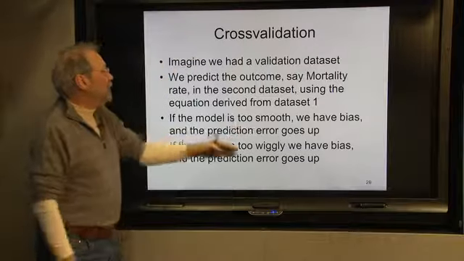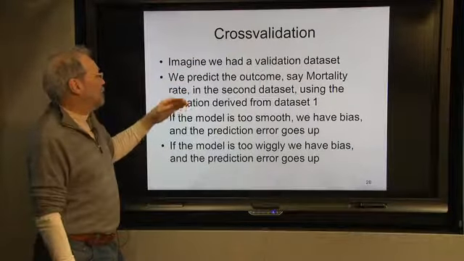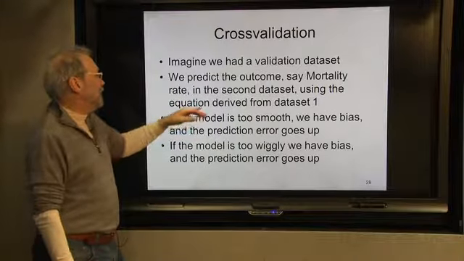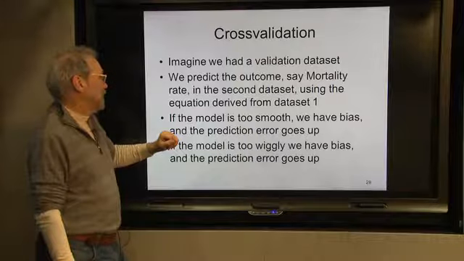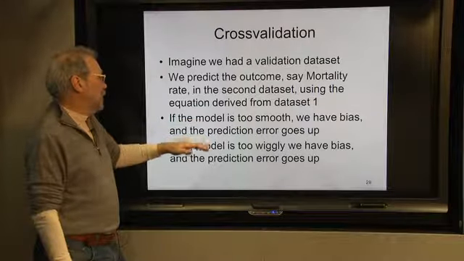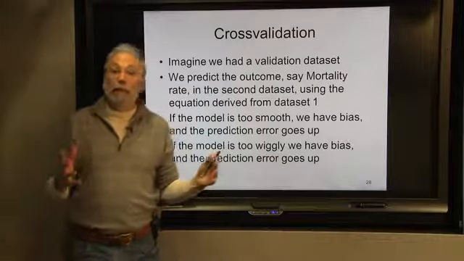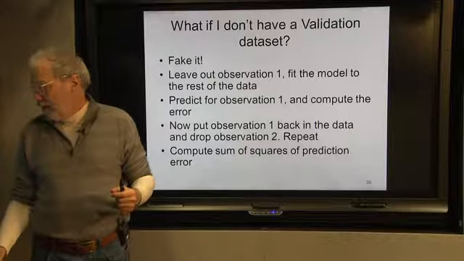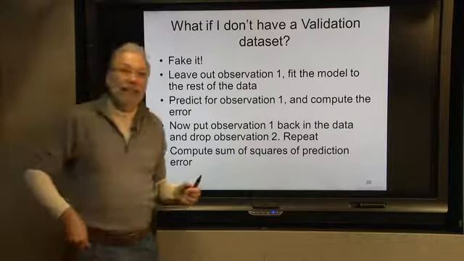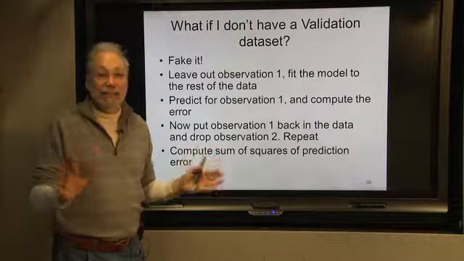So this is basically a summary of what I said before. I predict the outcome in the second data set using the equation, the curve, from the first data set. If the model is too smooth or too wiggly, I get more bias and I get bigger predicted errors. Now, if I don't have a validation data set, I need to construct one.